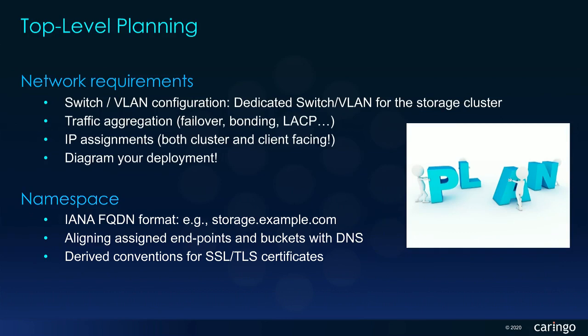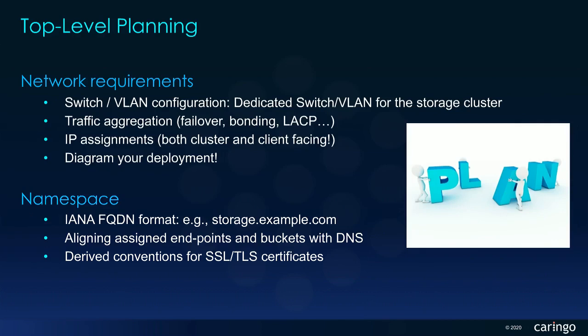Also, IP assignments are key. Sometimes we start a deployment and ask, what kind of IP address should be configured for the object storage cluster, or how will my clients be accessing the object storage? How many hops do I have to go between my client application and the actual object storage platform?